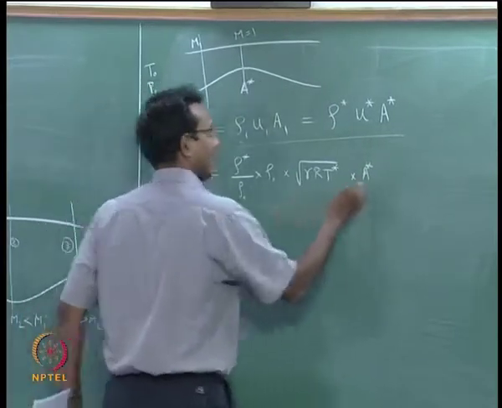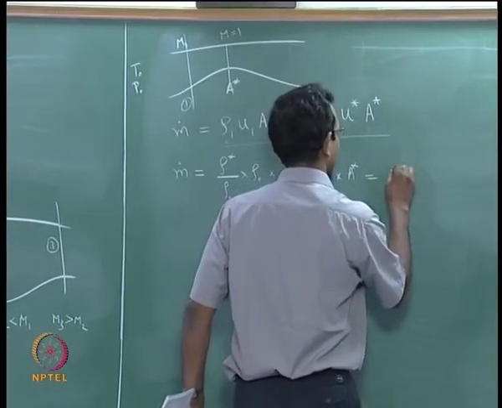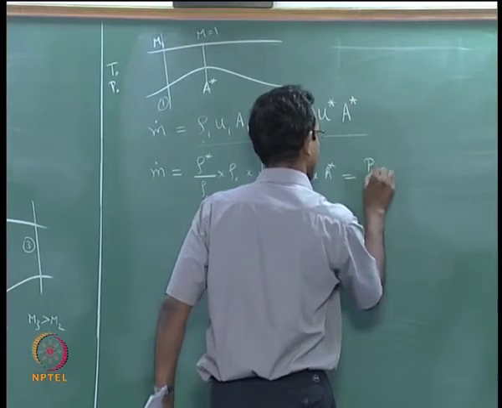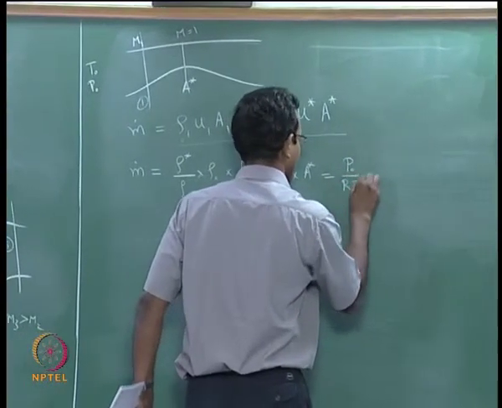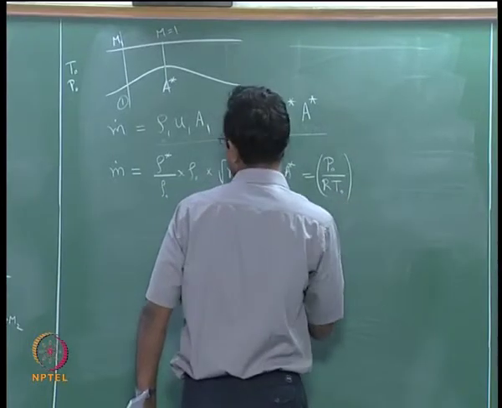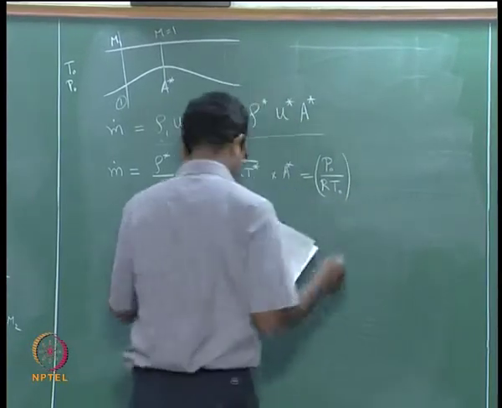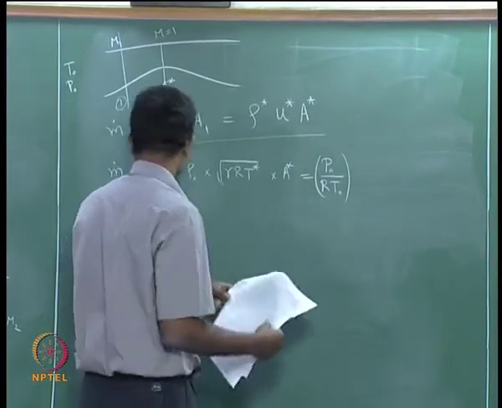One more line I will write, rho naught is P naught by R T naught into rho star by rho naught. We already had an expression, I just erased it.